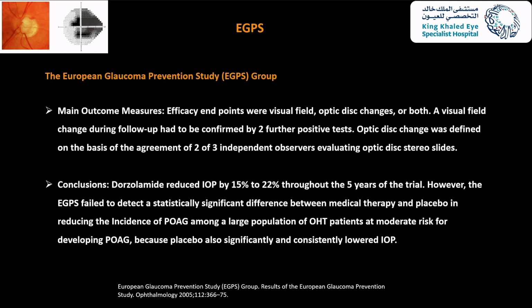The conclusion of this study: dorzolamide reduced the pressure by 15 to 22% over 5 years, but they failed to detect statistically significant differences between medical therapy and placebo in reducing the incidence of primary open-angle glaucoma among a large population of ocular hypertension patients at moderate risk for developing primary open-angle glaucoma, because the placebo did the same lowering process.